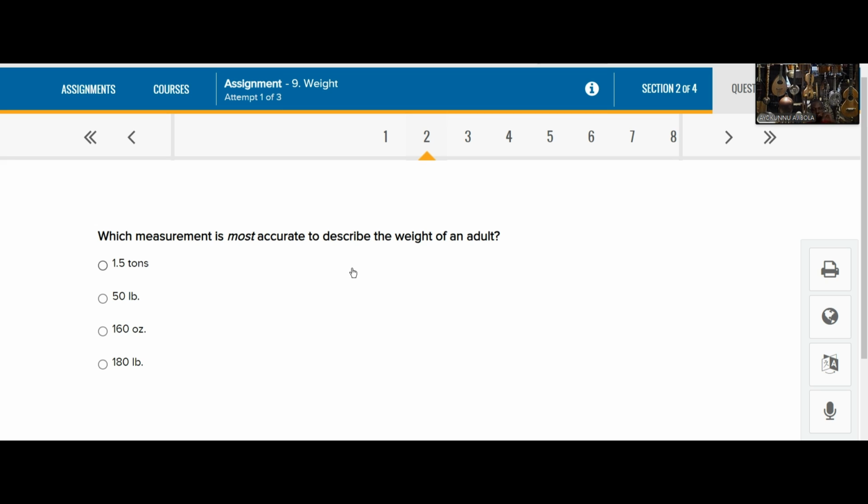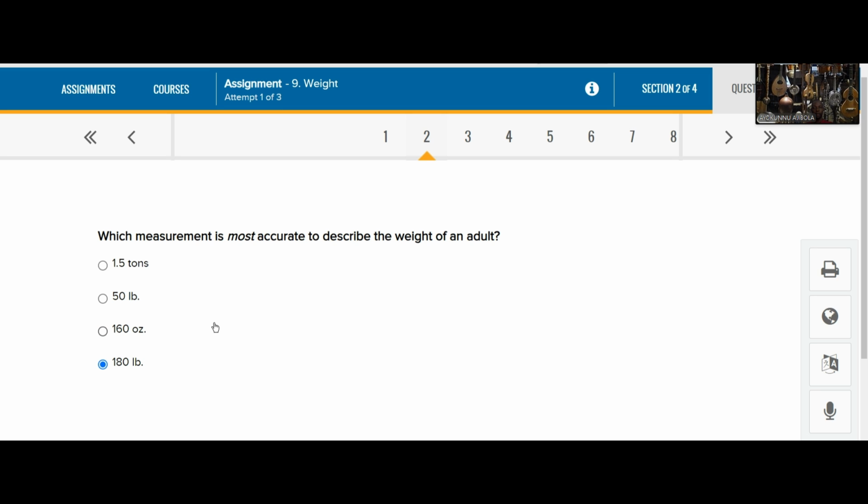It's less than 1 ton. If we convert 1.5 tons to kilograms, that'll be around 1,000 or more. So no adult will weigh that. So the first option is out.